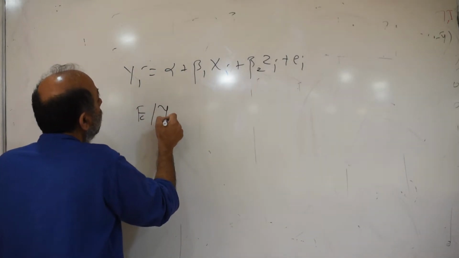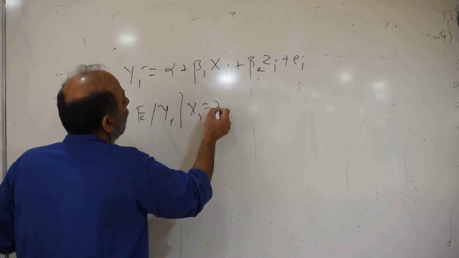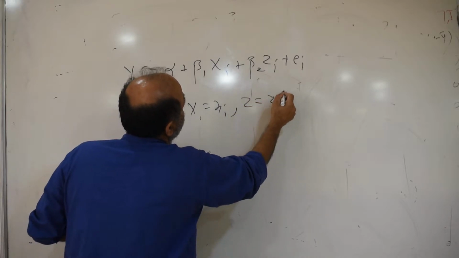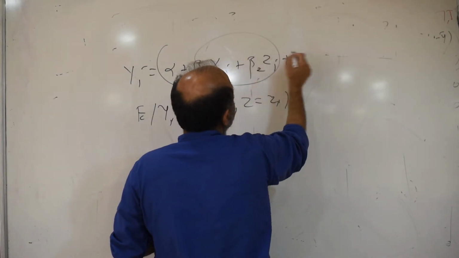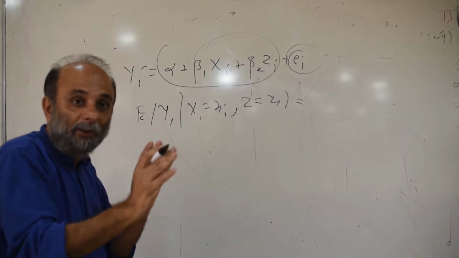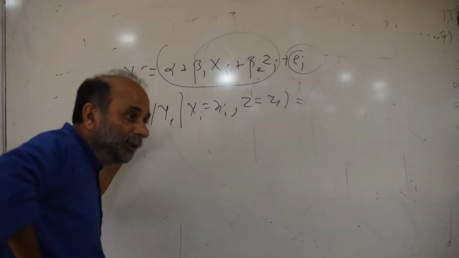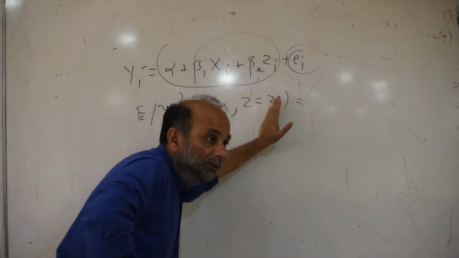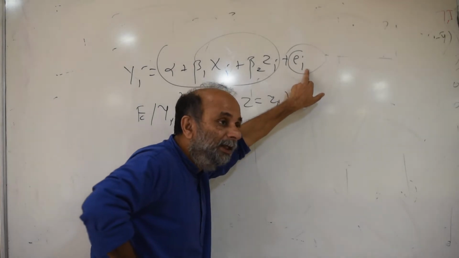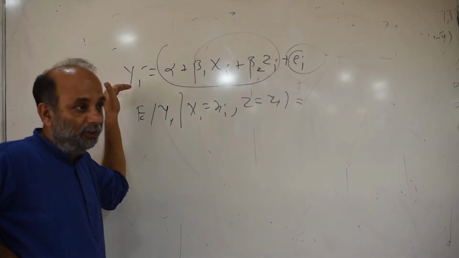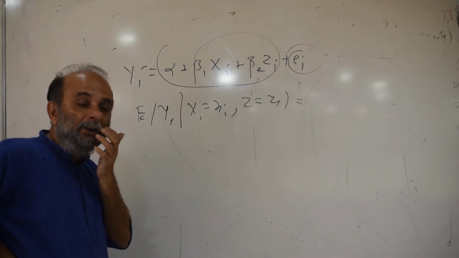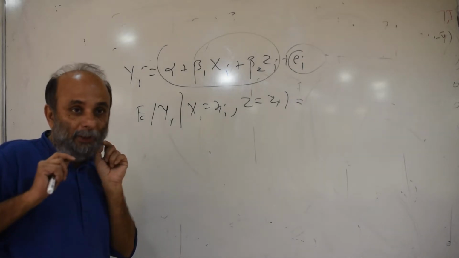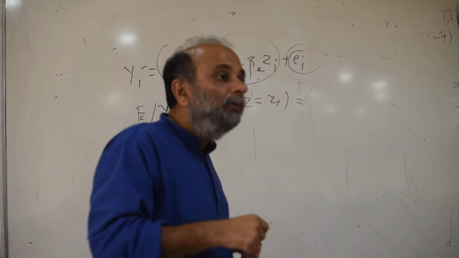Where the conditional mean of yi given x is equal to xi, z is equal to zi is given by this function, and this is the gap between the actual, right? So I'm now saying that average financial assets of a household depend upon what their income and education is. And this is the gap between each individual household and that conditional mean function. So I made my conditional mean function a little bit more complicated.